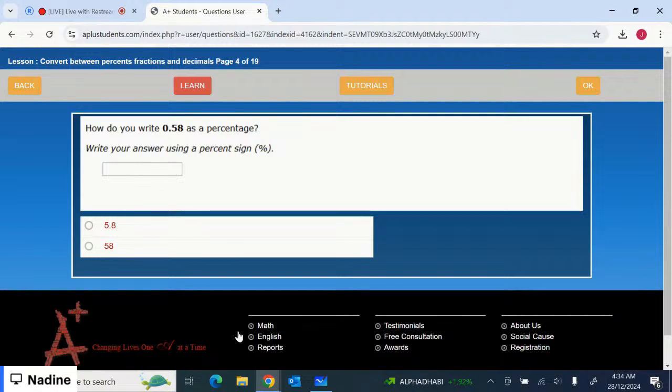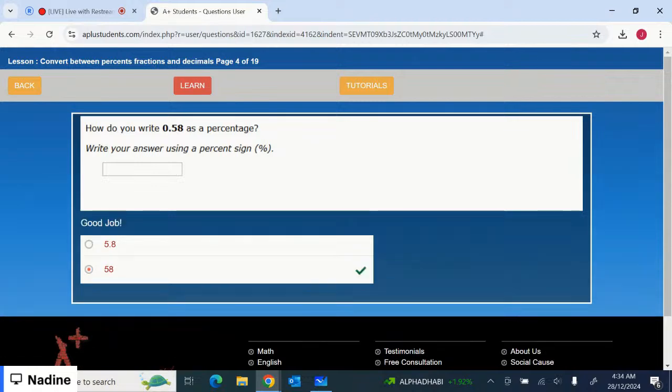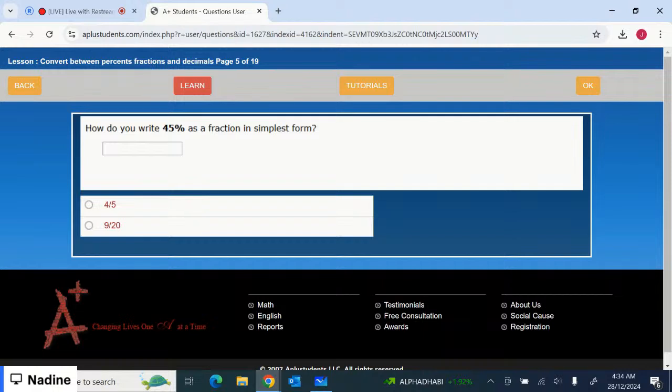That is 58%. Option number 2 is the correct option. How do you write 45% as a fraction in simplest form?